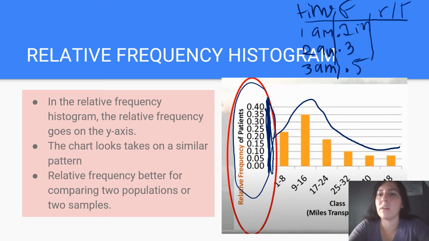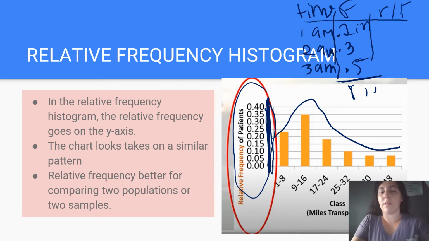Okay. So your relative frequency is where you divide whatever your frequency is by the sum of the total frequency amount. So if we add up all the frequencies, 0.2, 0.3, 0.5, that's 1, right?